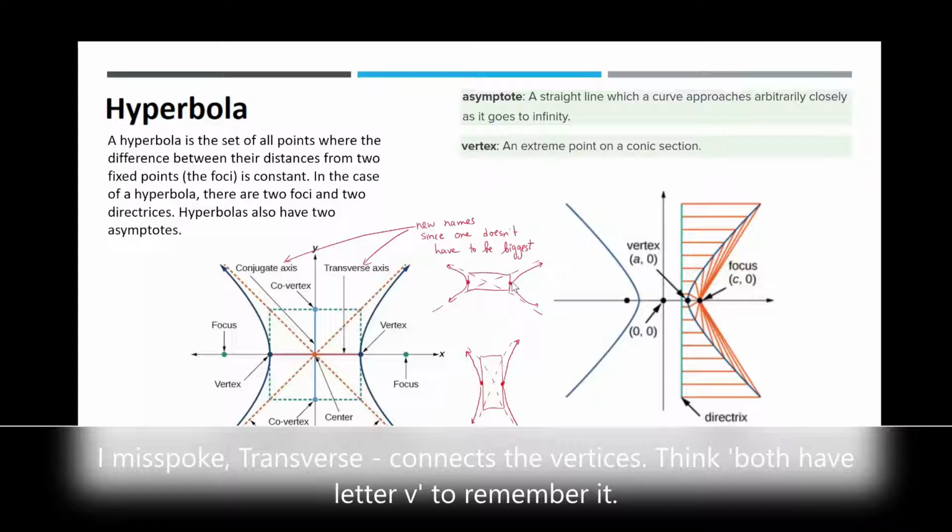But that's not the only orientation. We can also have it in a different way. Let's keep the same boxes, but this time put the vertices vertically. We can have it more wide this way, or it could be a more narrow curvature. Because of this, the fact that one doesn't have to be longer than the other, we are scrapping the terms major and minor axis and calling them conjugate and transverse. Conjugate, again, are the ones that are connecting the vertices together.